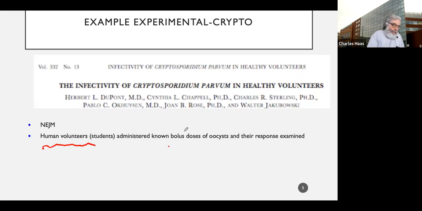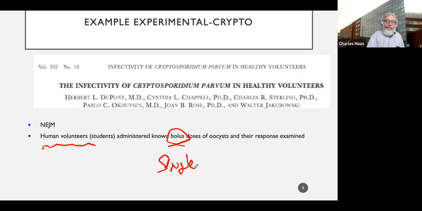Bolus means a single event, and their response examined in terms of gastrointestinal symptoms, illness, and so forth.